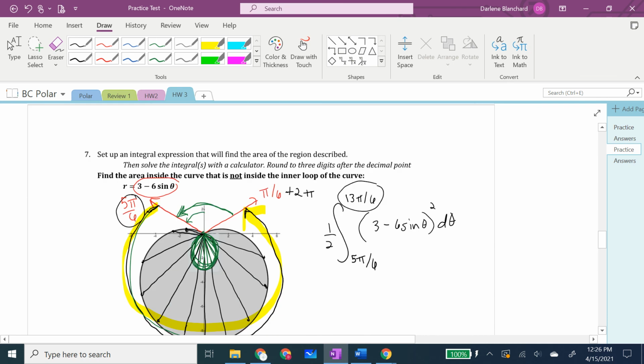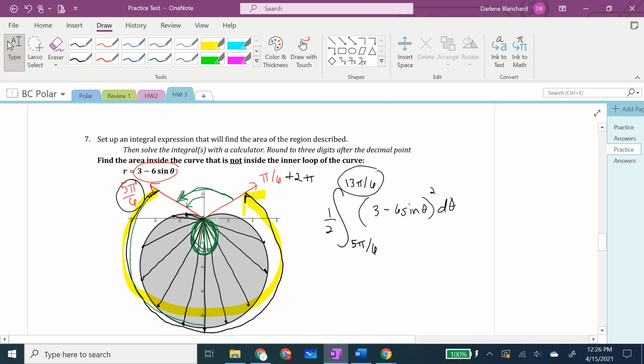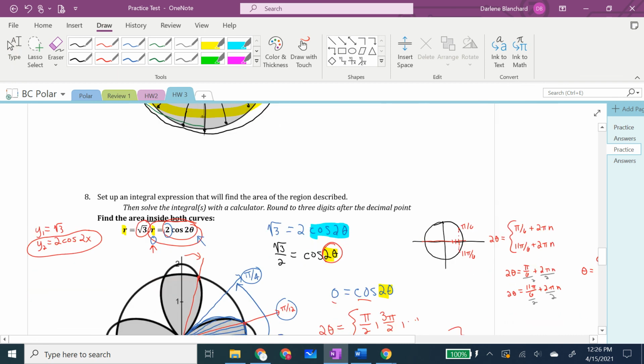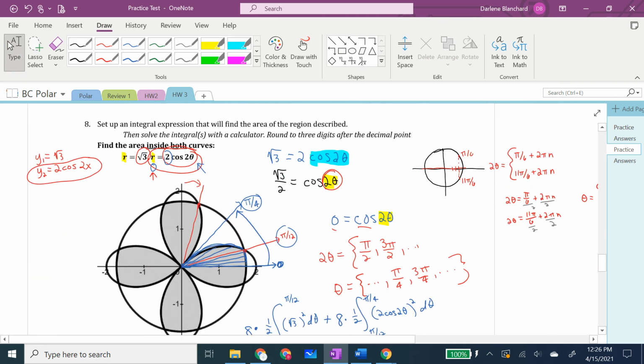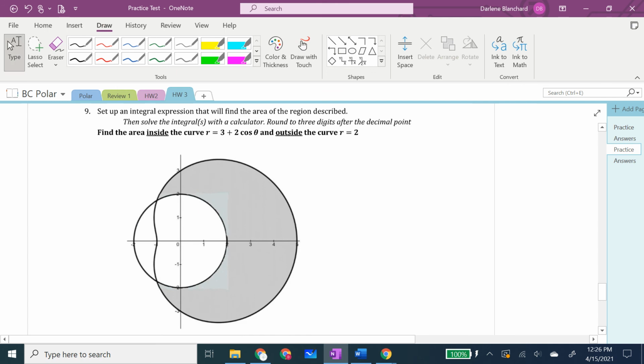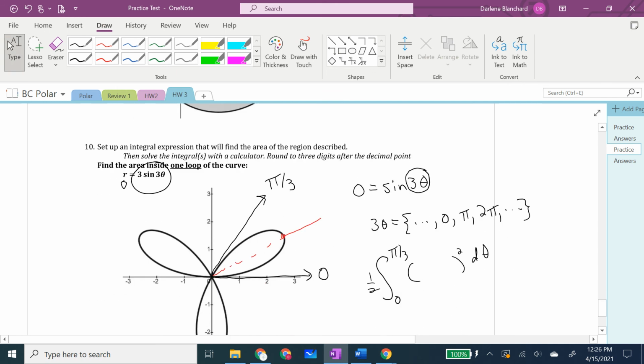And then I will tell you that I will not put a problem like number 7 on there, but the AP test probably will. Number 8 is another inside both. Number 9 is another inside outside. And then number 10 is the only one I have here for just one curve. I might ask you for one loop.